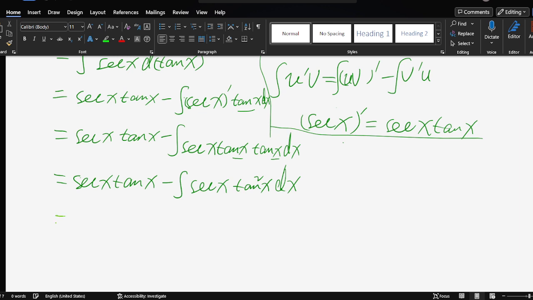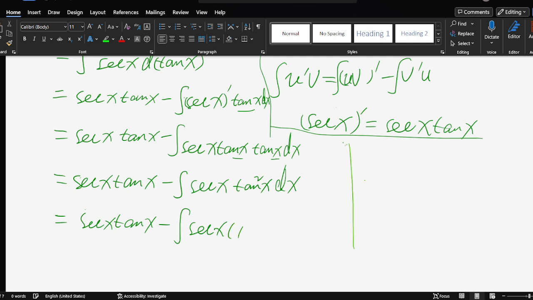Again, secant x tangent x times, so minus secant x, tangent x, there's another formula.